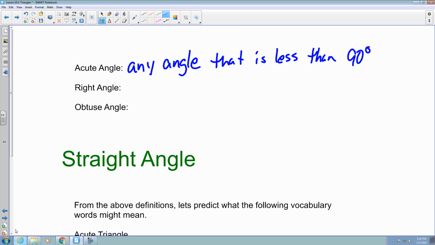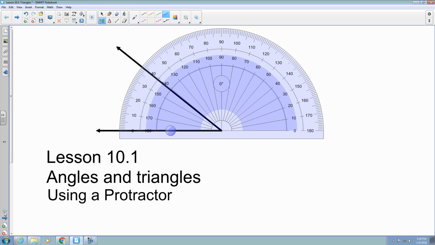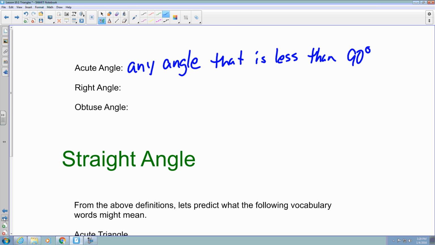The example that we had here on the first page is an example of an acute angle. It looks like it's about 40 degrees on the protractor, so 40 degrees is less than 90, and that would be considered an acute angle.